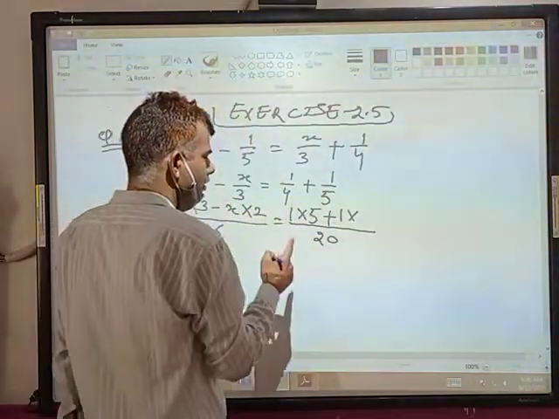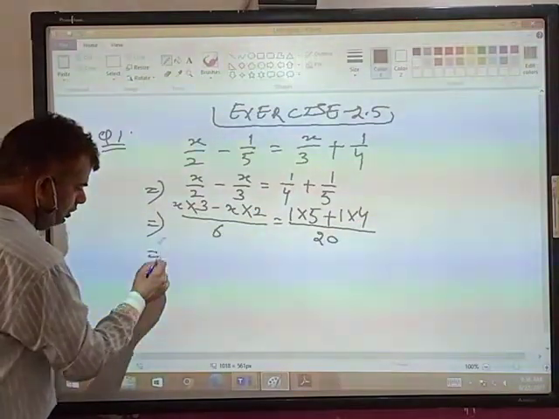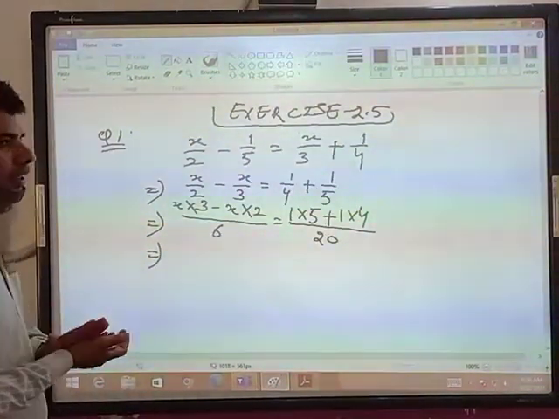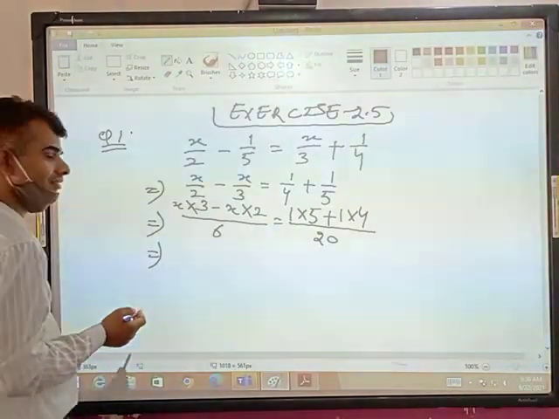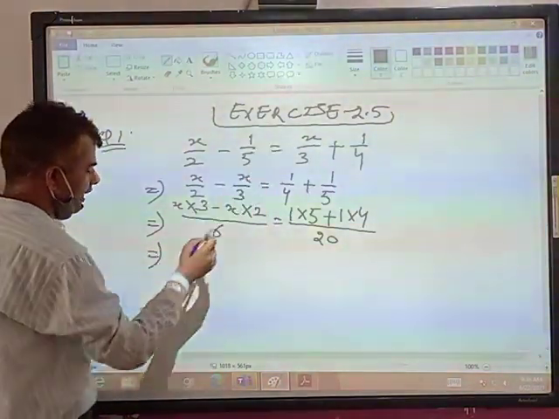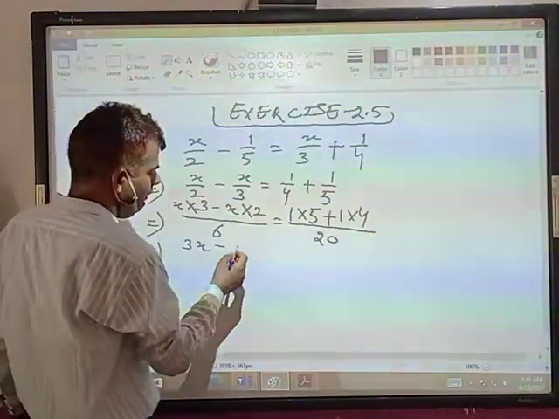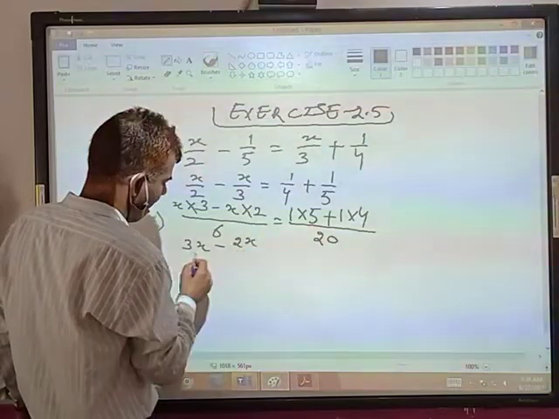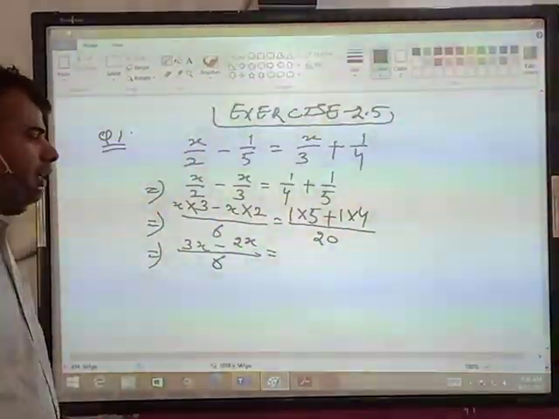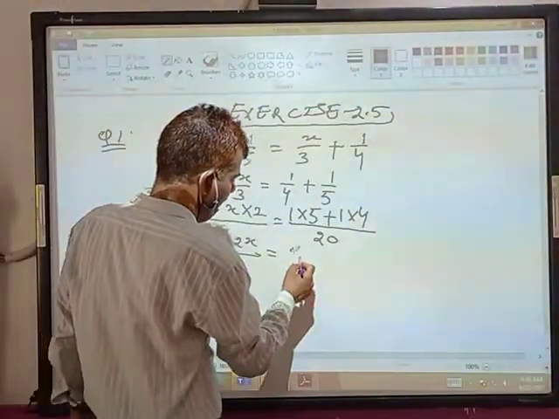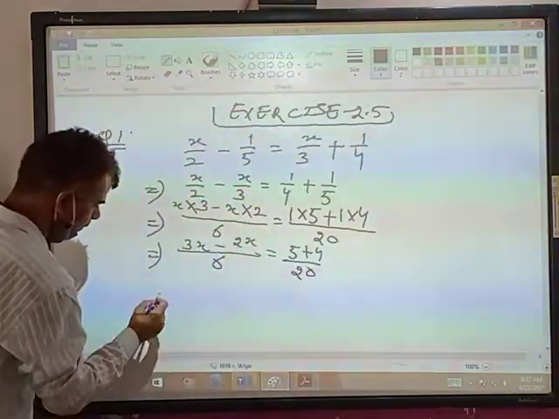How many times does 20 come in the table of 5? 4 times. Okay, students. x into 3, that is 3x, minus x into 2, that is 2x, over 6. Now 5 plus 4 over 20, that is 9.